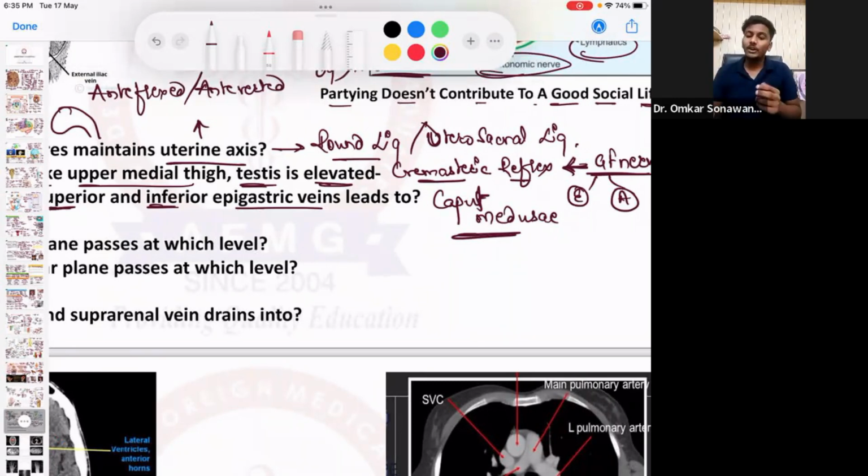Important. Usually at the superior and inferior epigastric veins, there is a portocaval anastomosis. What do we mean by portocaval anastomosis? Connection between the portal circulation and the systemic circulation. So portocaval anastomosis is present in the superior and inferior epigastric veins leading to caput medusae.